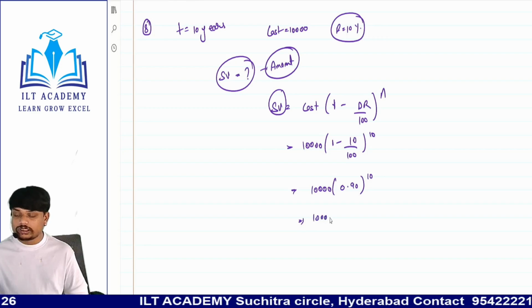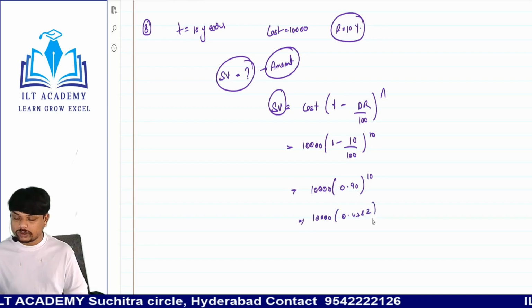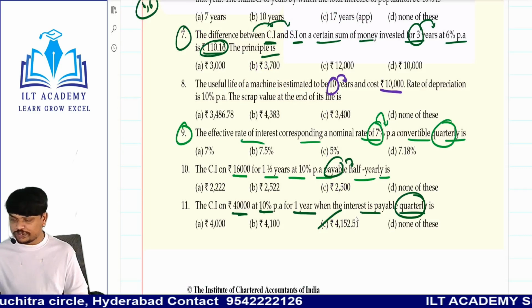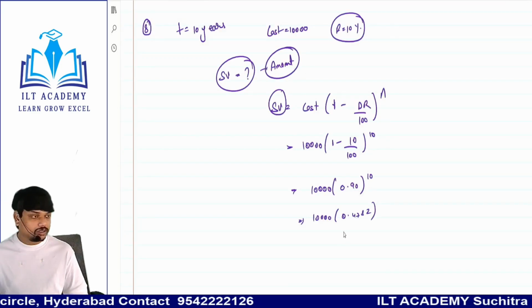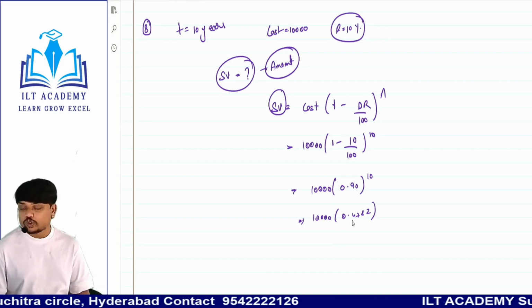So 10,000 into 0. Okay, so how much does this come to? 0.478, 0.90 whole power 10. It's not 0.4782.